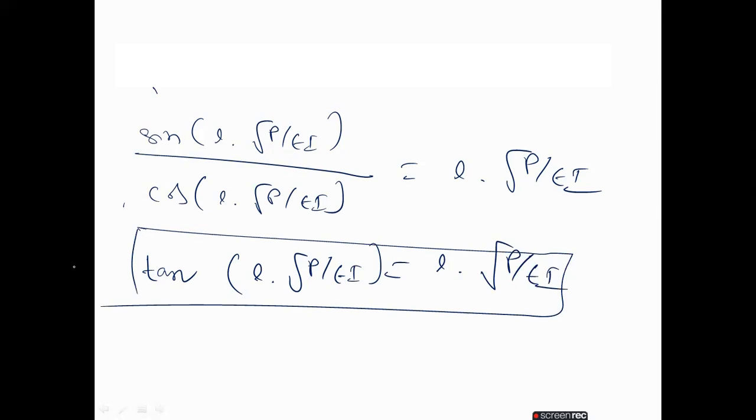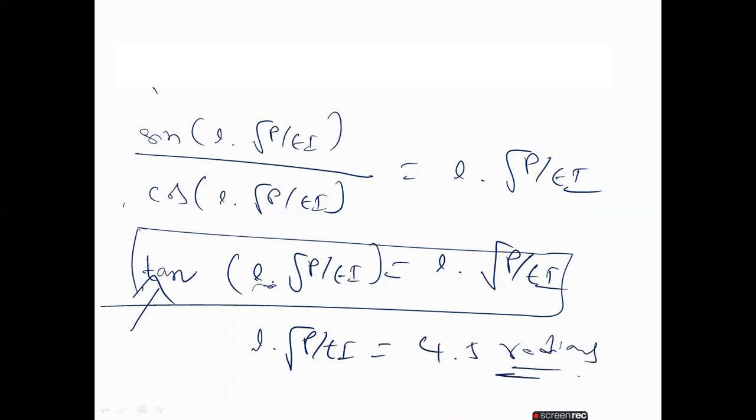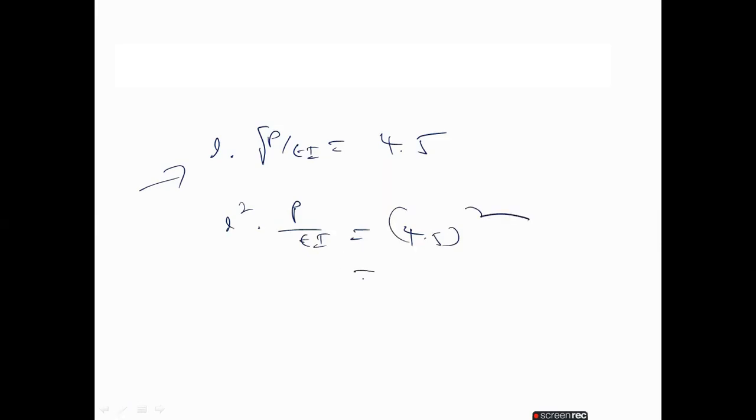Now the solution for this equation, for suppose it is L into √(P/EI), the value we will get is around 4.5 radians. So squaring both sides, L√(P/EI) equal to 4.5, then L² into P/EI is equal to 4.5 whole square, that is nothing but 20.25.